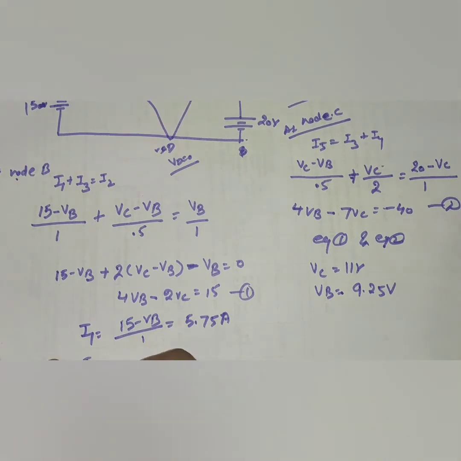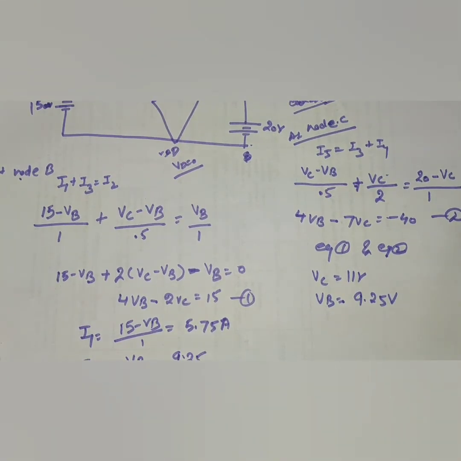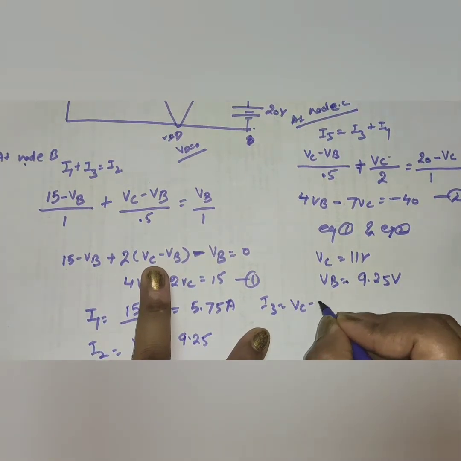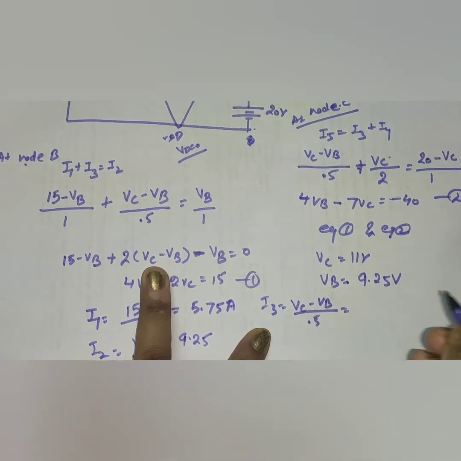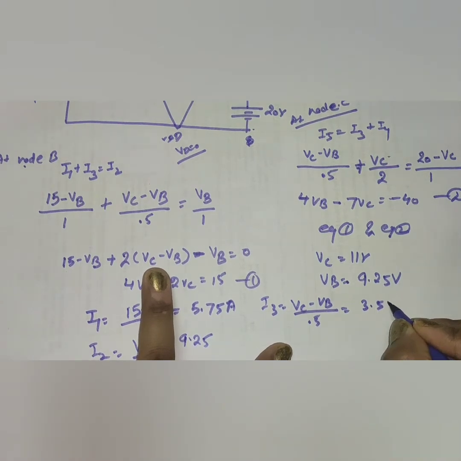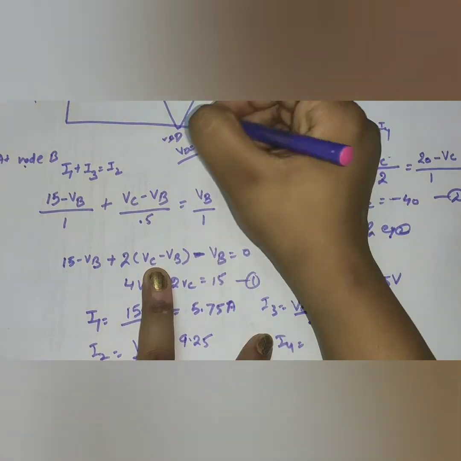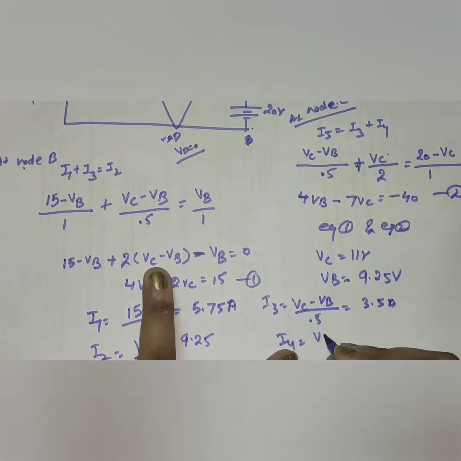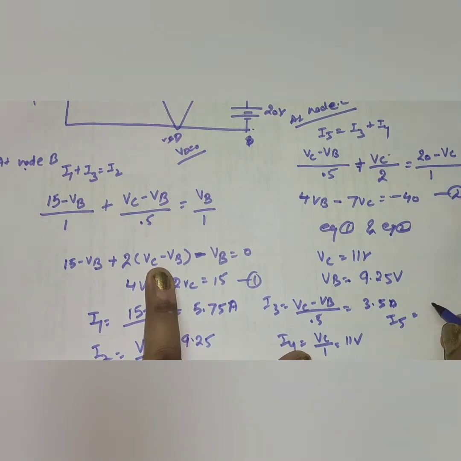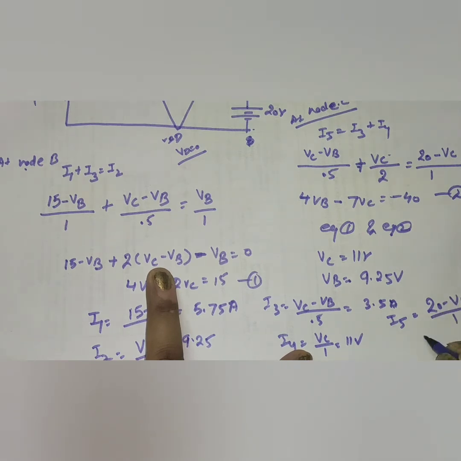Now I2 was VB upon 1, that means 9.25. Now I3 equals VC minus VB upon 0.5, that means if we solve this, we get 3.5 ampere. And I4 was VC upon 1, that is 11 volt, and I5 was 20 minus VC upon 1, that means 9 ampere. So we get all the currents here.